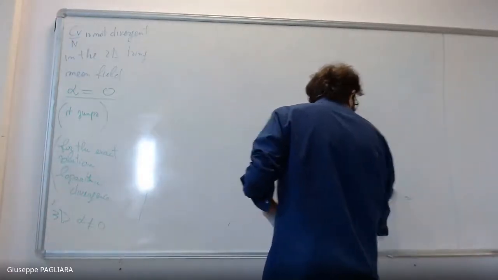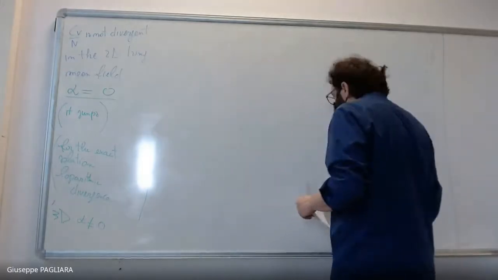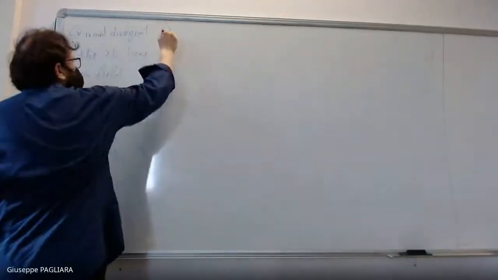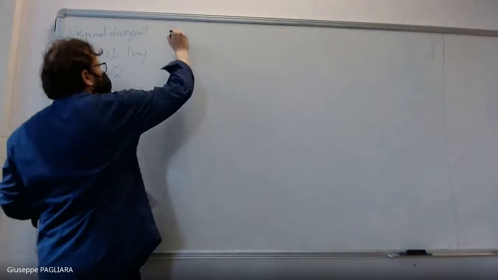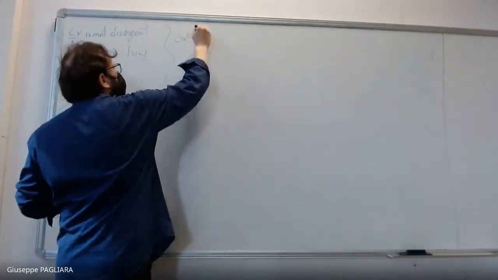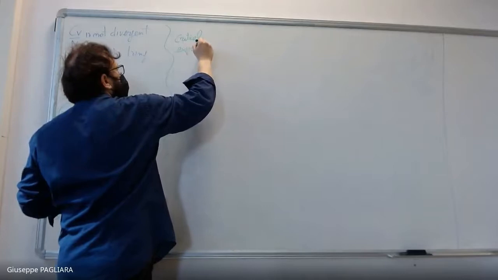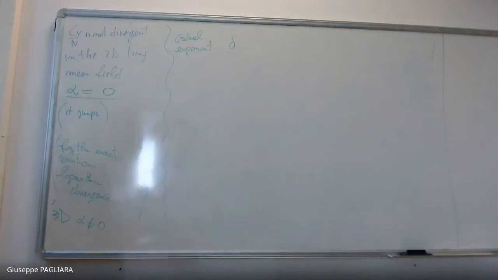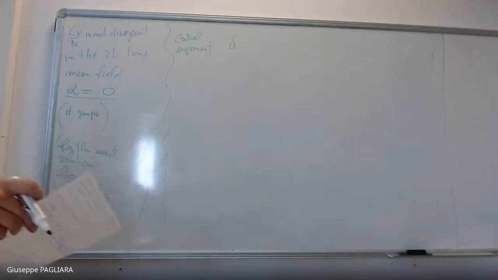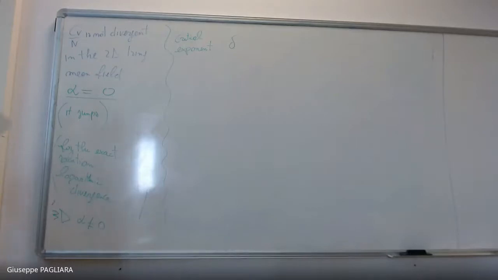Another critical exponent is called delta, and it is the following. The critical exponent delta basically characterizes the dependence of M on the external magnetic field close to Tc.